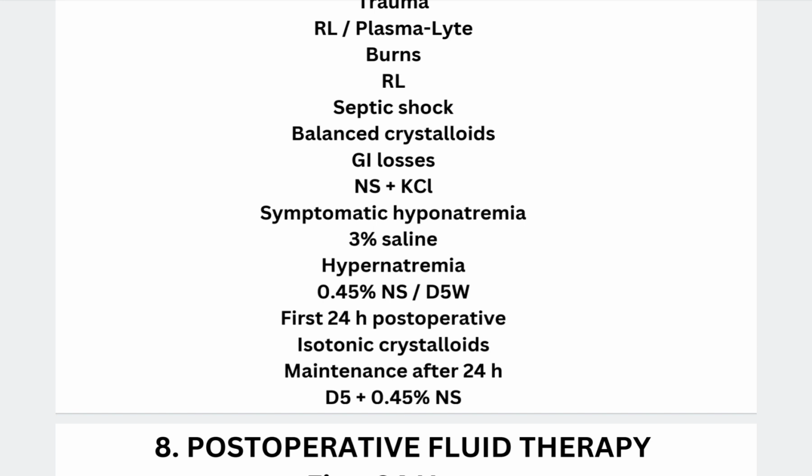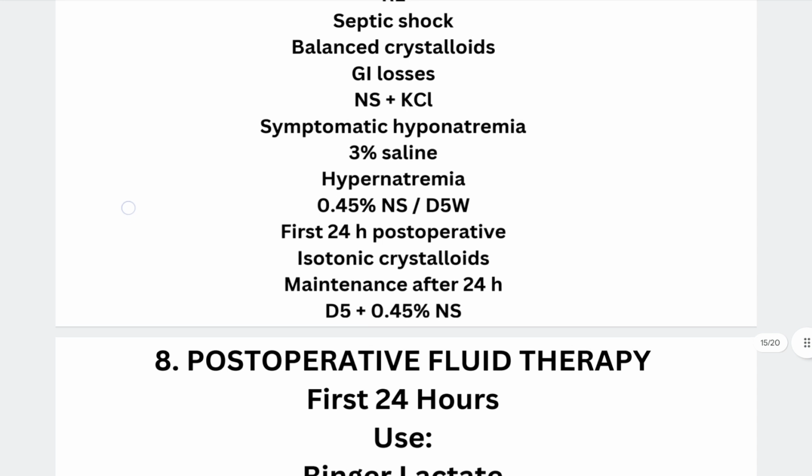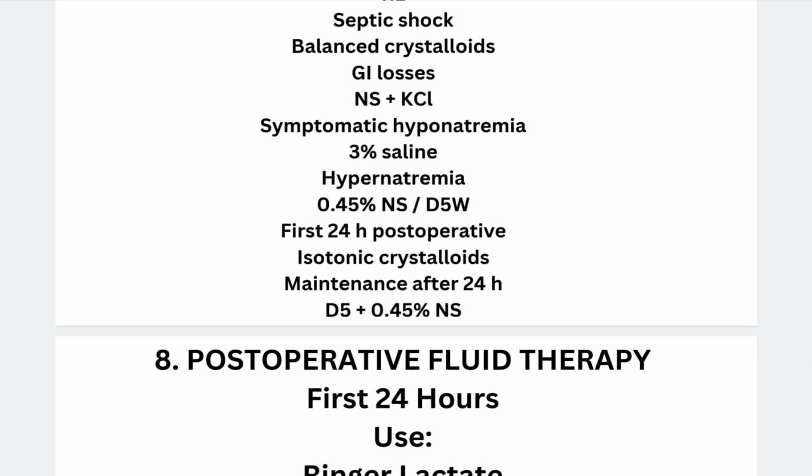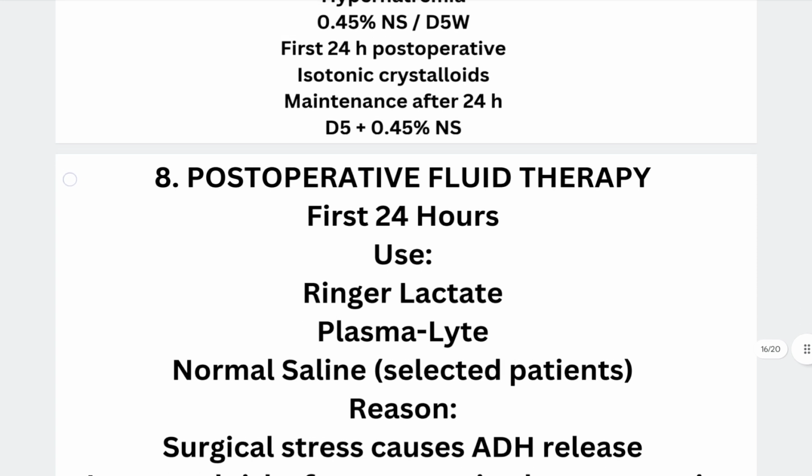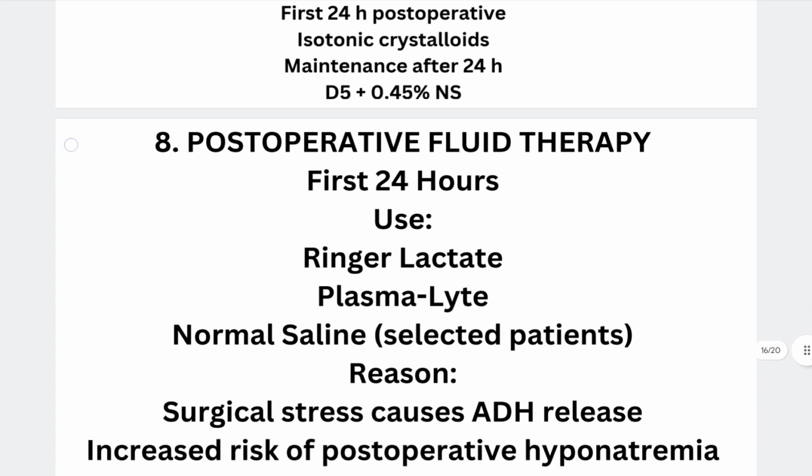Once your 24-hour post-operative period is over, maintenance fluid should be replaced with D5 with half normal saline solution. So this is the ideal way to manage the patient with ideal fluids. For post-operative fluids, you can use Ringer lactate, you can use Plasma-Lyte, and normal saline in selected patients.